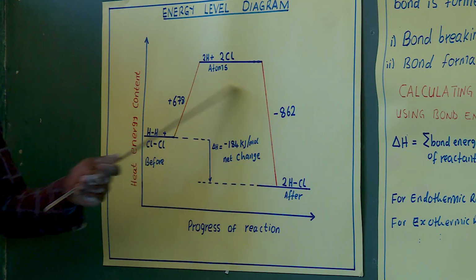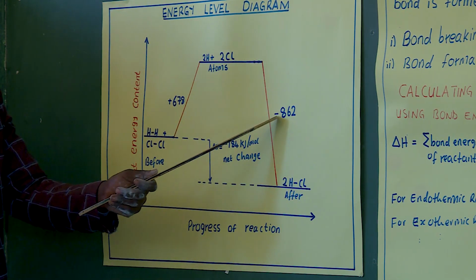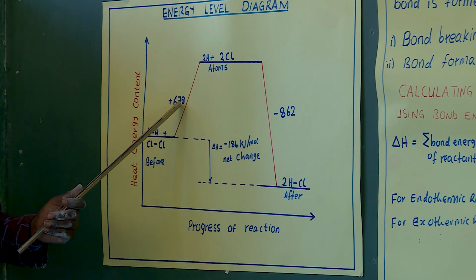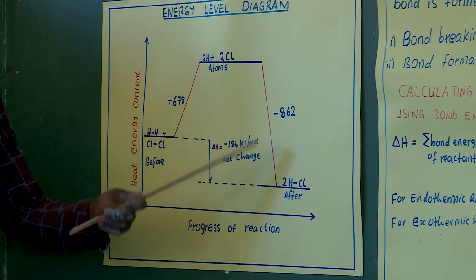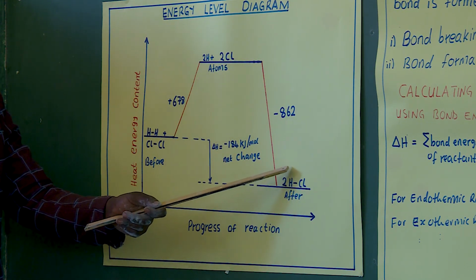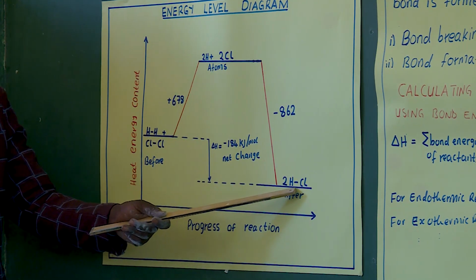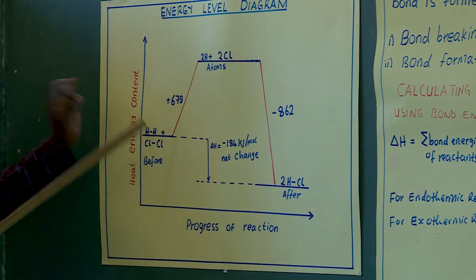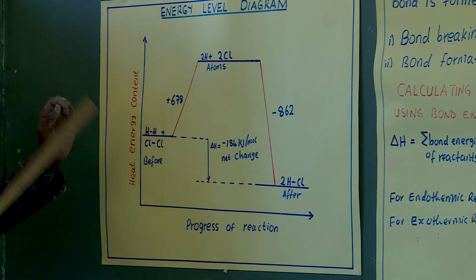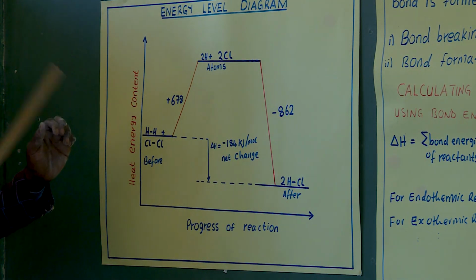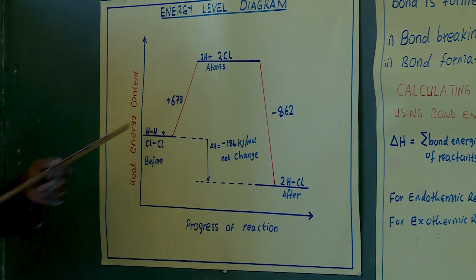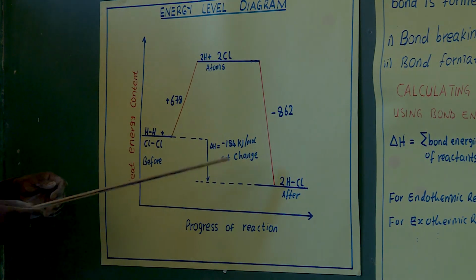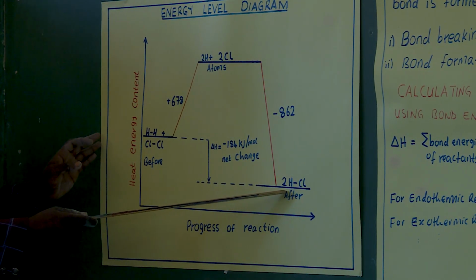So when we take away 862 from positive 678, we form hydrogen chloride at the end. So this is the representation of the energy level diagram for the reaction between hydrogen and chlorine molecules to form hydrogen chloride gas.